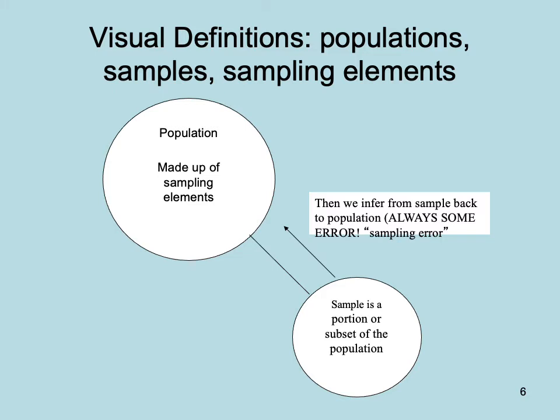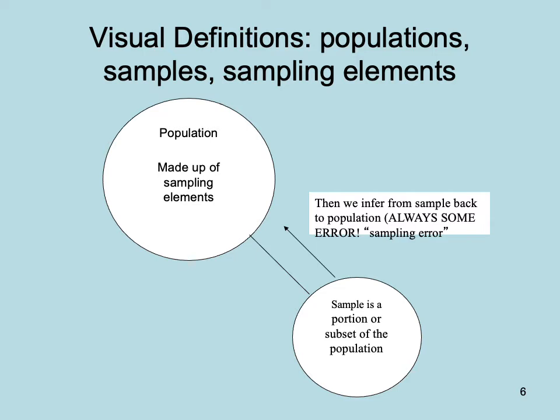Again, here's another visual definition, but I've just shown you here that the population is made up of sampling elements. Okay, that's the only real difference from the previous slides. I won't go over it ad nauseam, but we have a population. That's the group that we wish to study. It's made up of sampling elements. Typically it's people, but it doesn't always have to be people. For example, a former UH West Oahu professor who's now on another campus studies humpback whales. He's a psychologist who studies humpback whales. So he drives around in airplanes and he studies humpback whales.